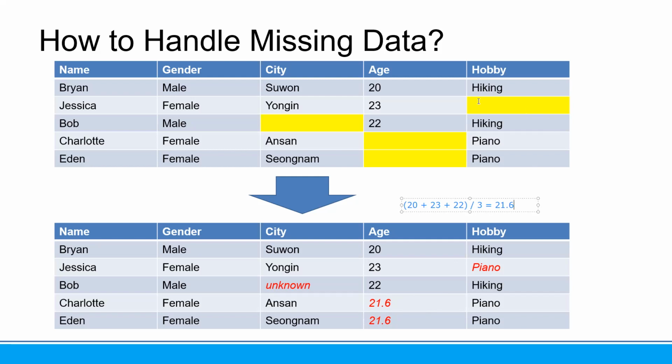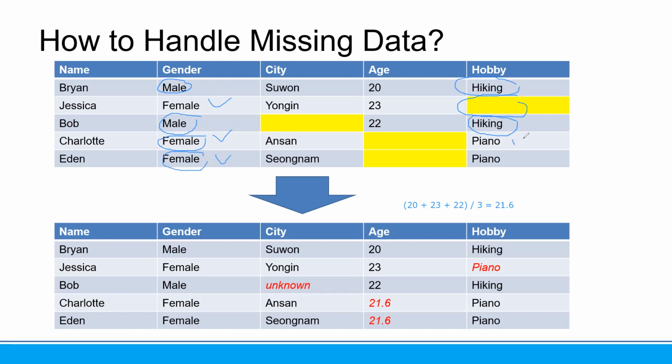Or for example, this one is missing. Then how can I fill in? There are some intuitive ways to fill in this data. For example, maybe there is a high probability that the males here live to do hiking. But for female, it seems here we have seen the pattern.